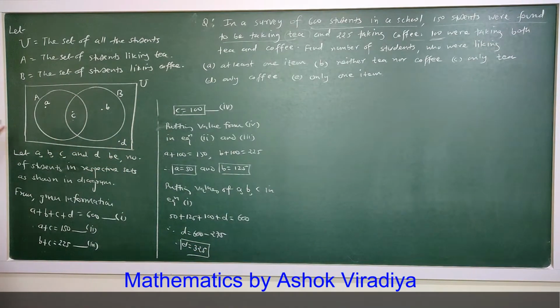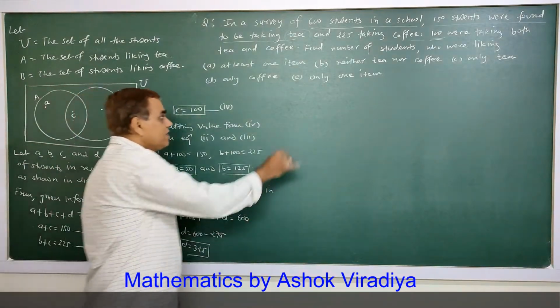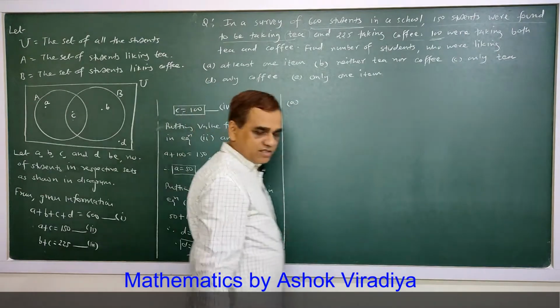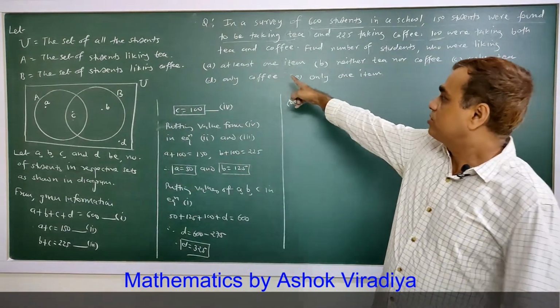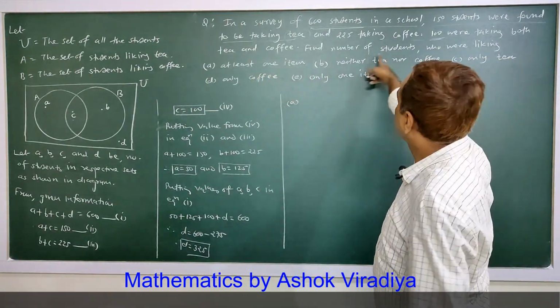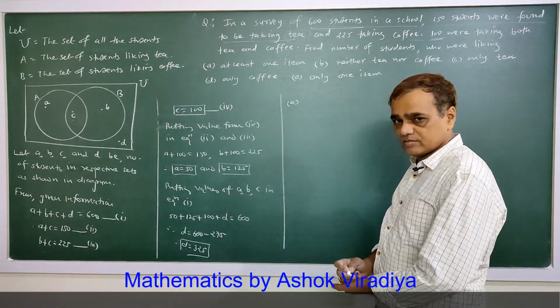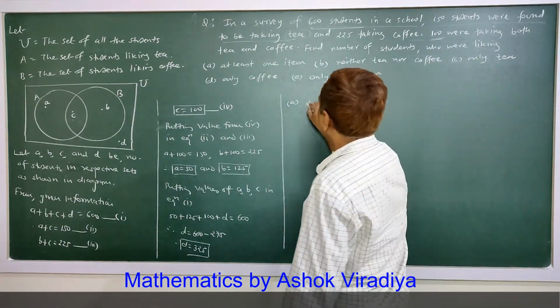Now after finding A, B, C, D, we can answer all the questions. Now see, question A was number of students liking at least one item.